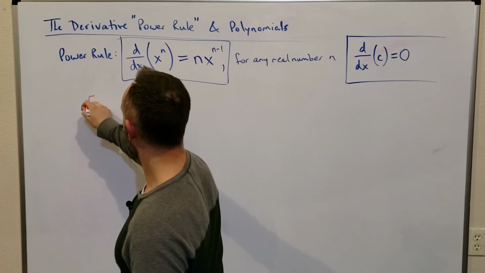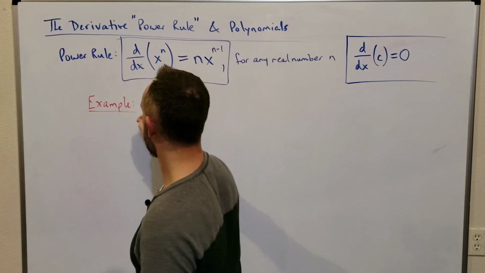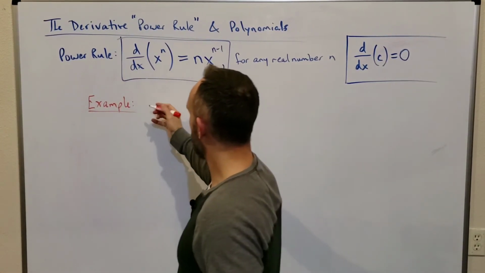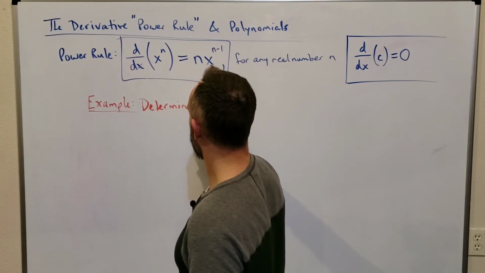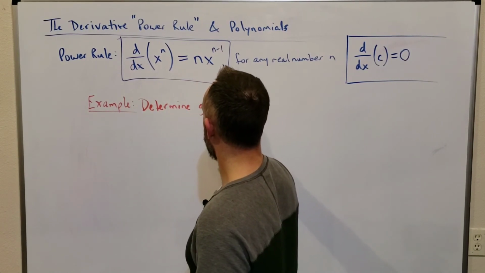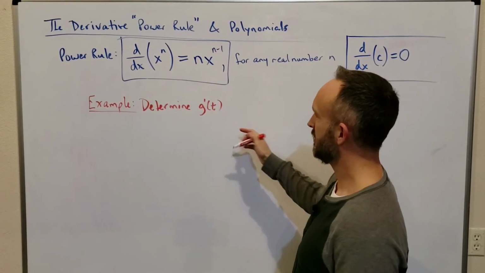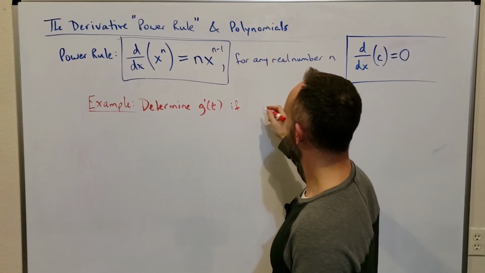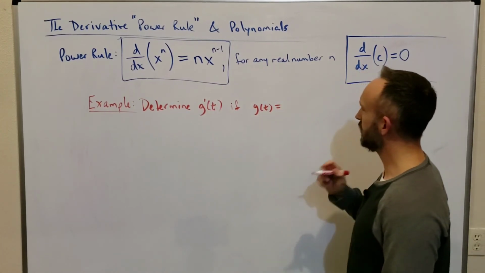So let's use different language one more time. Okay, so determine g prime of t. We'll use g and t, and we'll use the prime notation here instead of saying differentiate. Determine g prime of t if g of t equals, and we'll turn it into a fraction.